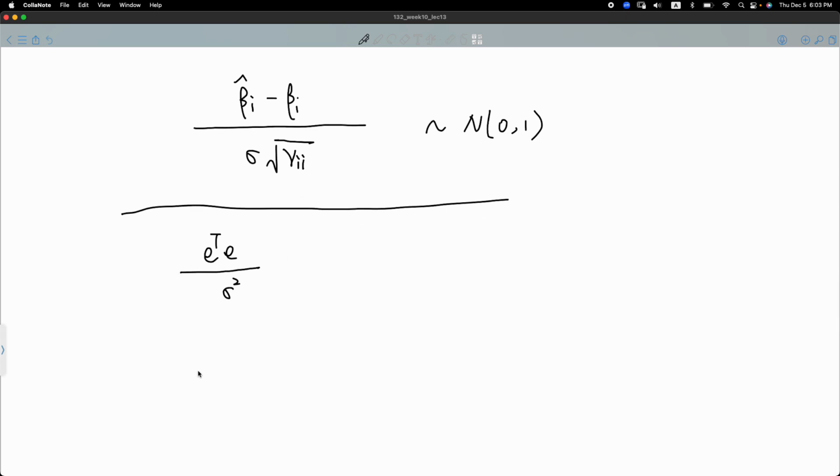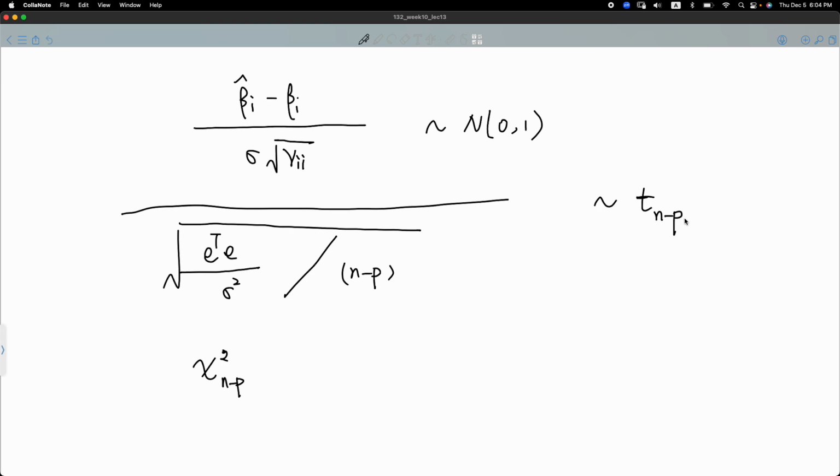And then we divide it by its own degrees of freedom, and take the square root. So now this whole thing here will follow a t distribution as well. From very early on we proved that when you perform this kind of transformation, you will get a t distribution, and the degrees of freedom is n minus p. Okay.